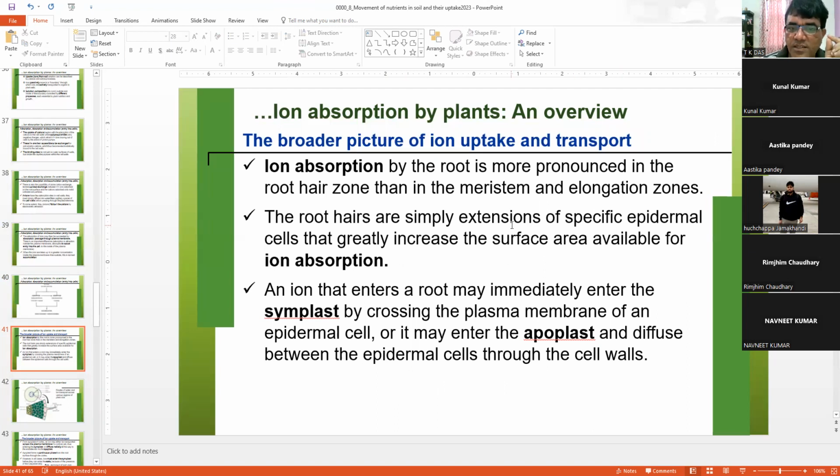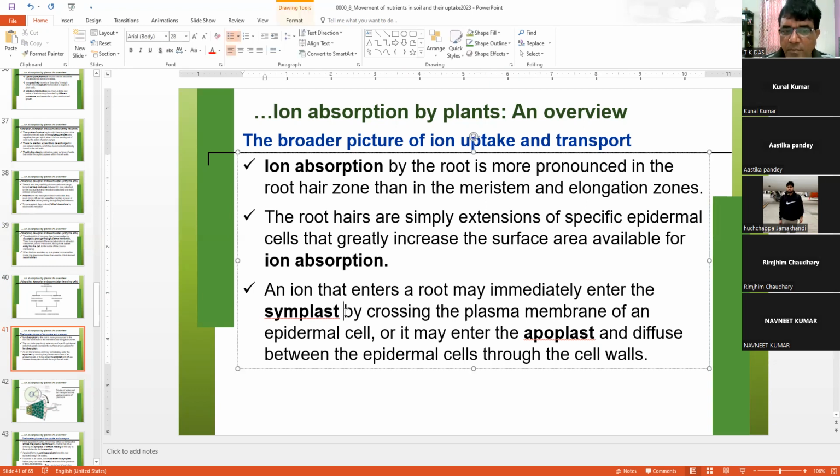The root hairs are simply extensions of special epidermal cells that greatly increase the surface area available for ion absorption. An ion that enters a root may immediately enter the symplast by crossing the plasma membrane of an epidermal cell, or it may enter the apoplast and diffuse between the epidermal cells through the cell wall.